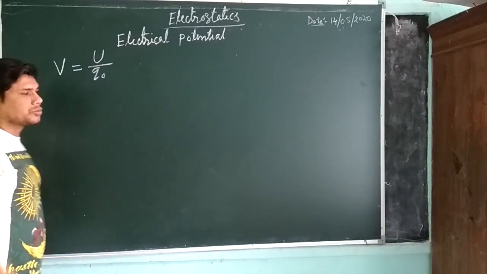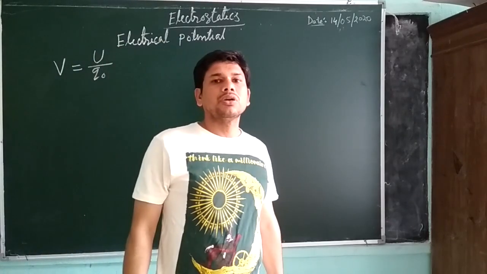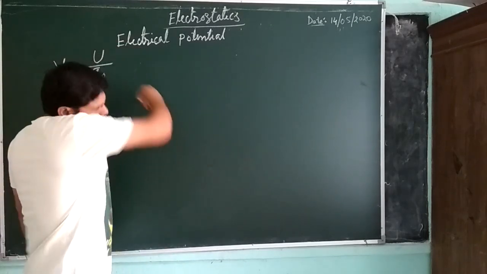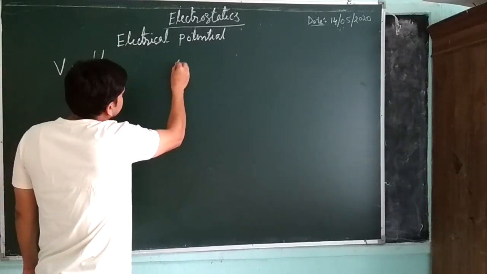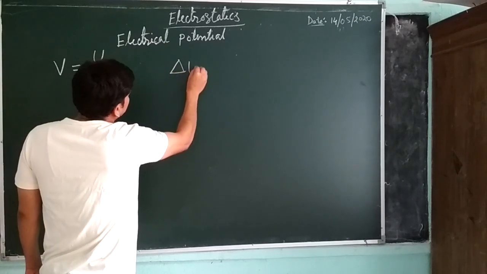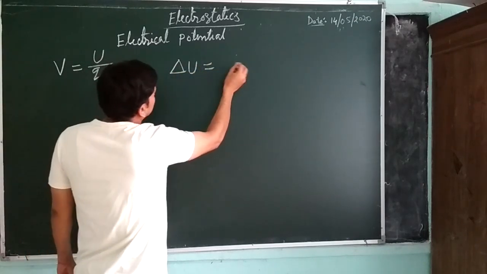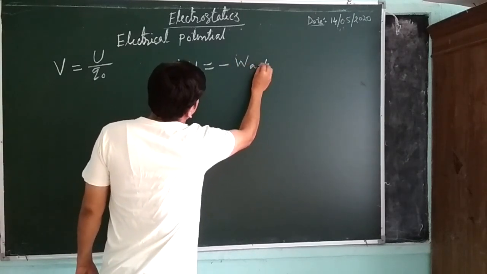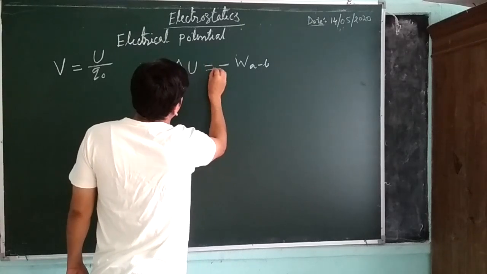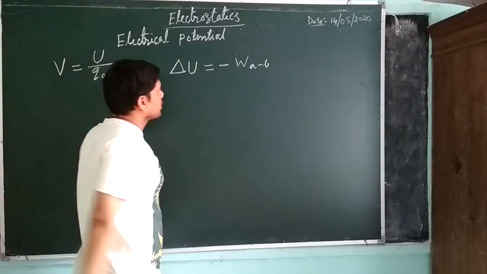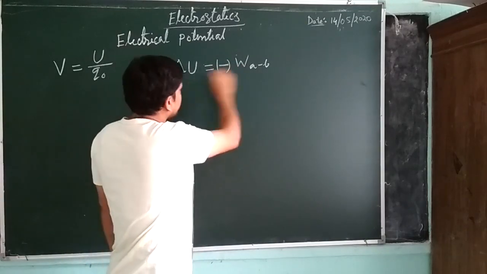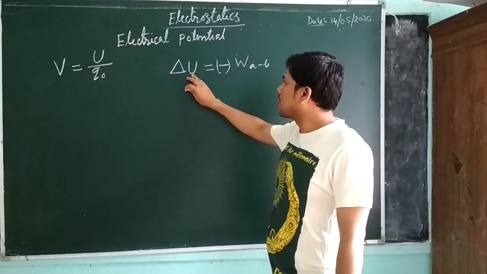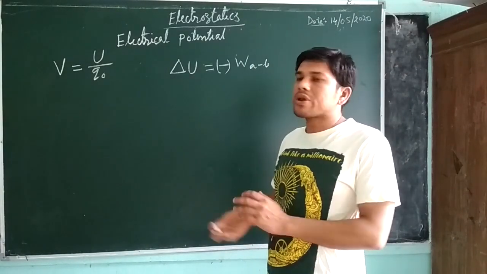As the electrostatic force is a conservative force, we know the formula already discussed: del U equals minus W A to B, where del U means change of potential energy.